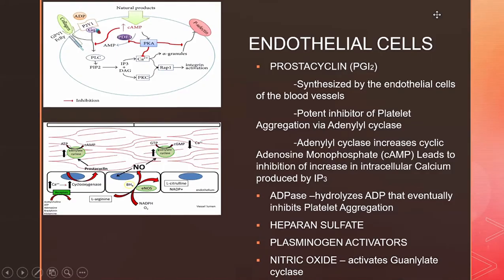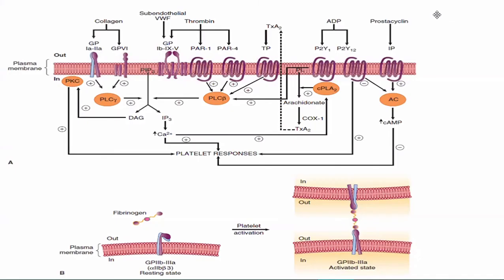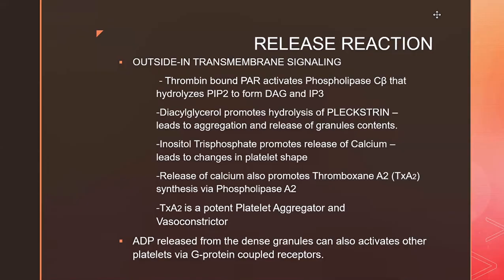Then another inhibitory, ADPase, it hydrolyzes your ADP that eventually inhibits your platelet aggregation. Kasi your ADP, it is released from the dense granules, okay? And it promotes release reaction din, yung ADP, okay? So your ADPase is secreted by your endothelial cells that inhibits your platelet release reaction and aggregation.